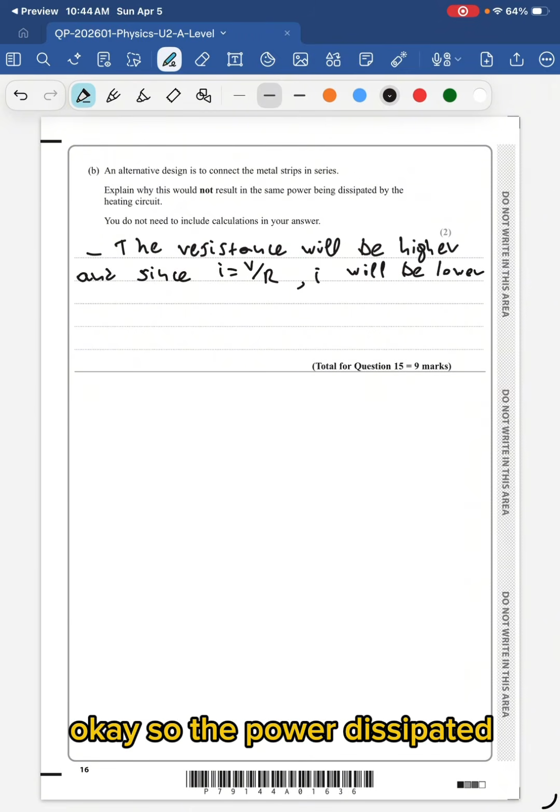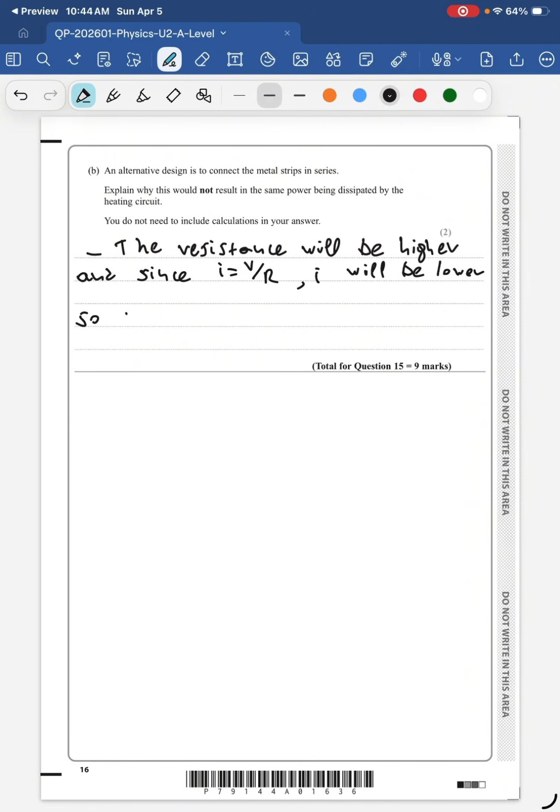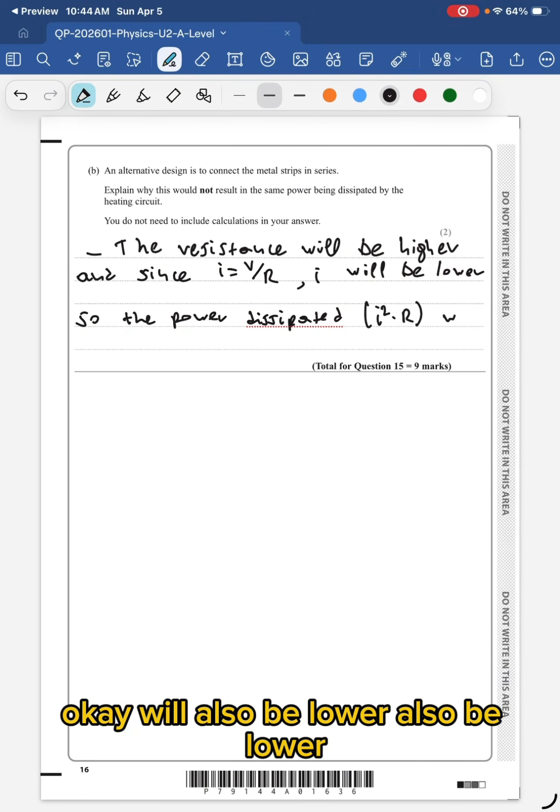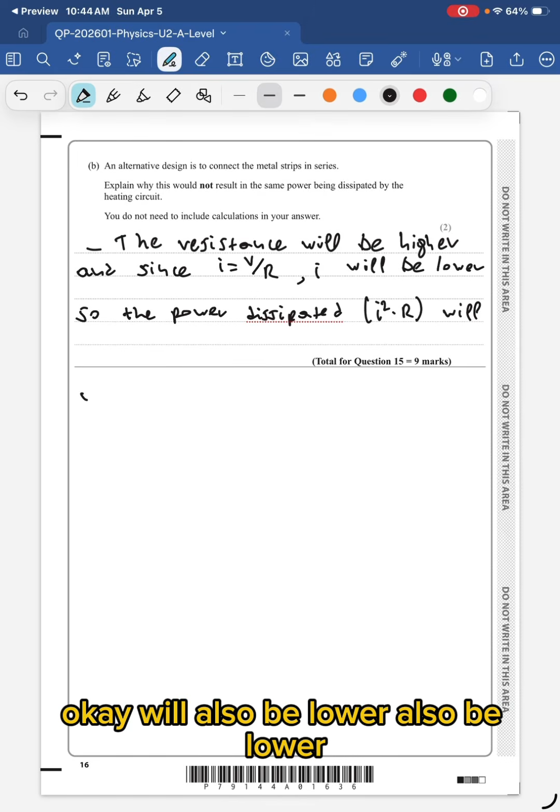Okay, so the power dissipated, okay, and the power dissipated is given by I squared times R, will also be lower.